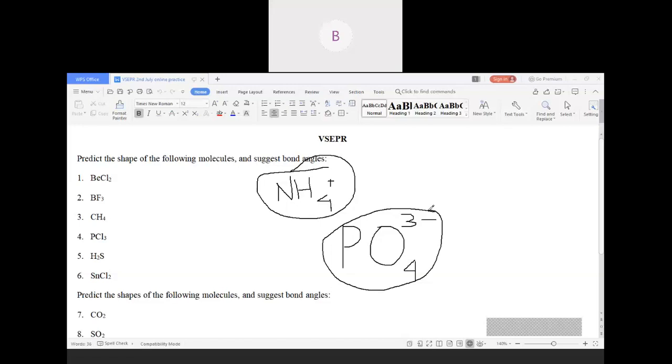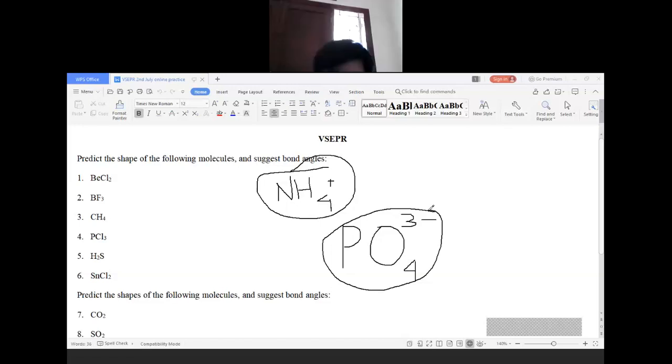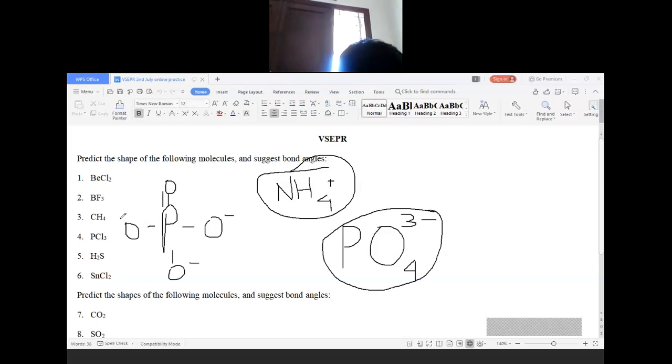But there is 1. So if I draw here P, draw dot and cross already, and then there is O here, and then there is O over here, and then there is O here, and then this one minus, and then this one minus.